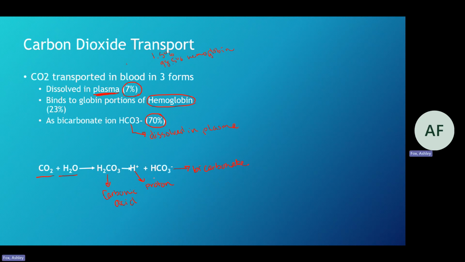So looking at this is why we can say if you have more carbon dioxide inside your body, then more is transformed to carbonic acid, and you can have more hydrogen ions or protons.